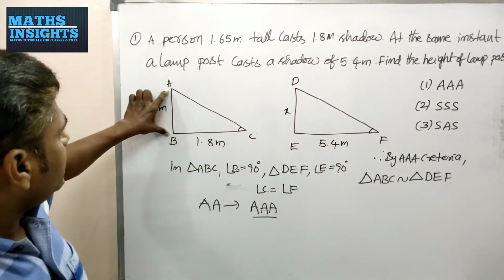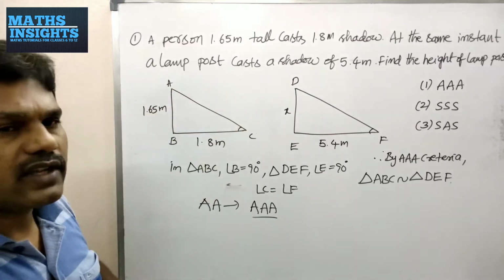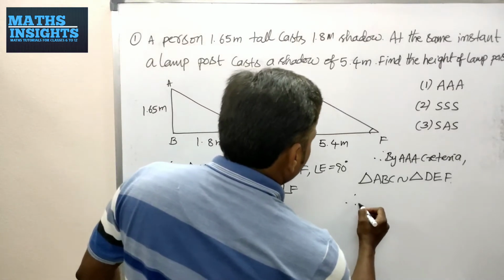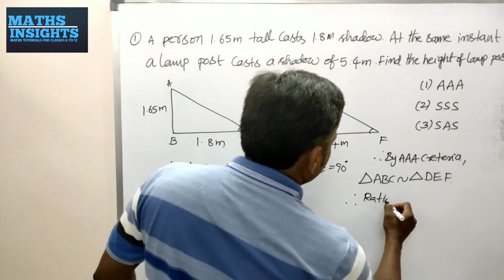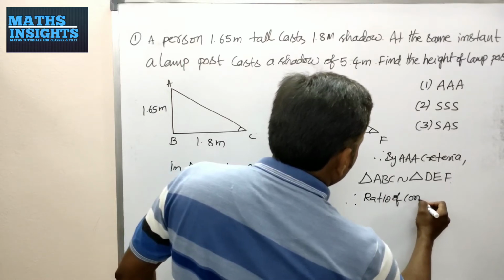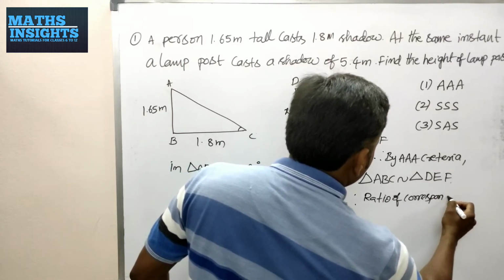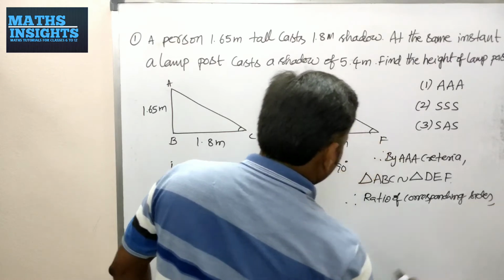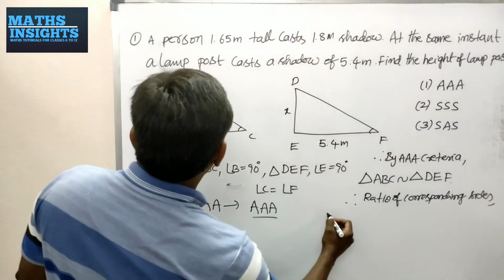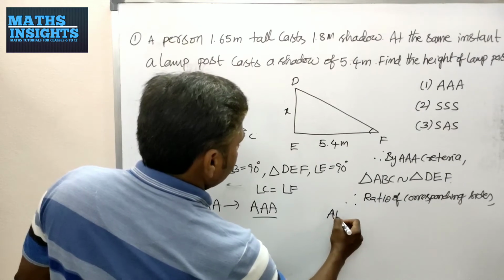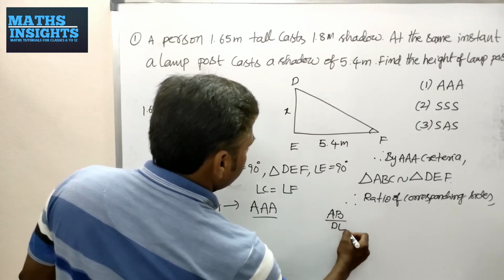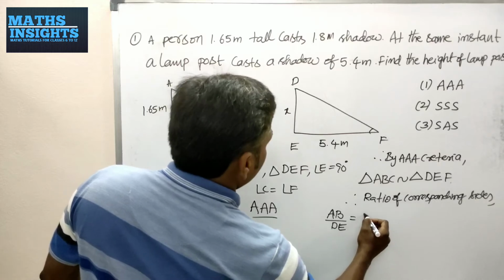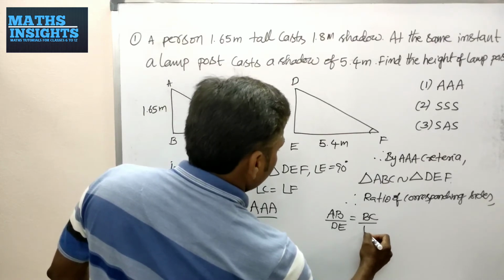Therefore for the side AB, the corresponding side is DE. Therefore the ratio of corresponding sides, AB by DE is equal to BC by EF.